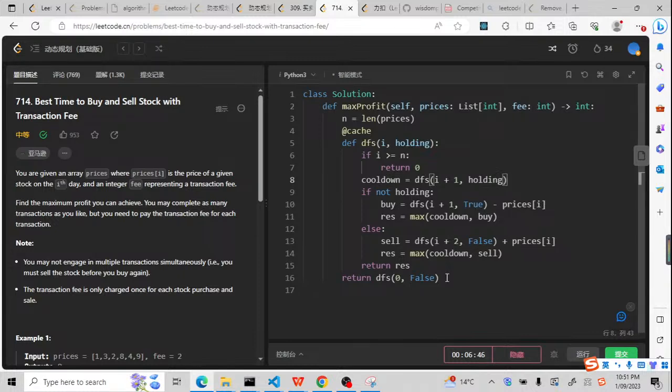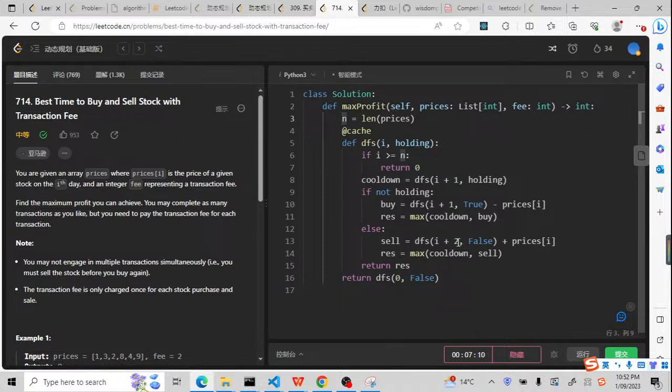You can check my posted YouTube videos for 309. I gave a very detailed explanation of best time to buy and sell stock with cooldown. If you understand the cooldown code, we just need to change a little bit to make the transaction fee work.